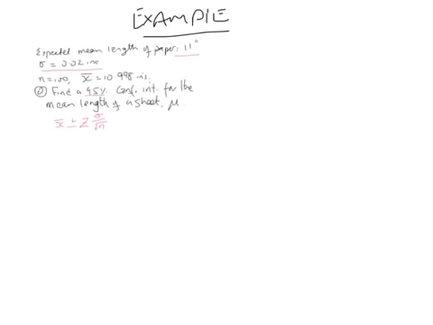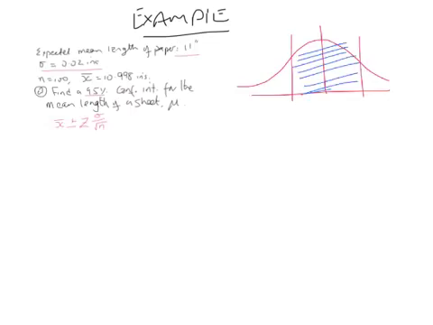So if I were to draw the normal distribution, and I said I'm looking for a 95% confidence interval, which means that the area in blue, that's my interval, my lower limit of my interval, my upper limit of my interval, and we're going to take the sample mean and create the interval with it.